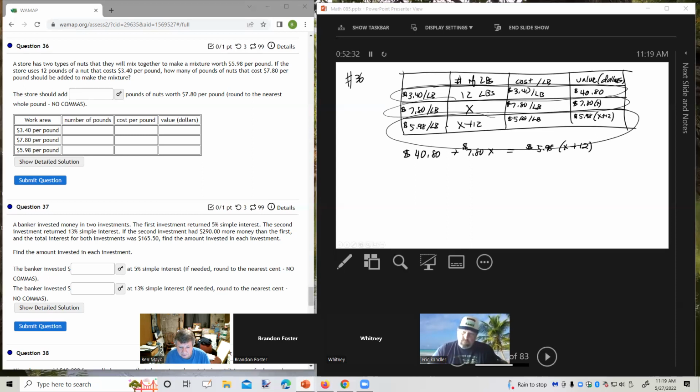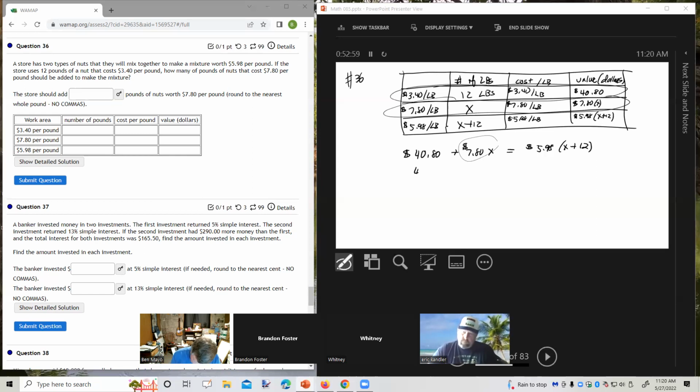Okay. And I've got my circle going right through the middle there. Let's see if I can erase that, get it out of the way. All right. So the total value of the first bunch of nuts plus the total value of the second bunch of nuts equals the total value of the mixture. All right.